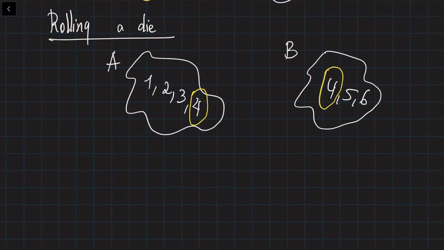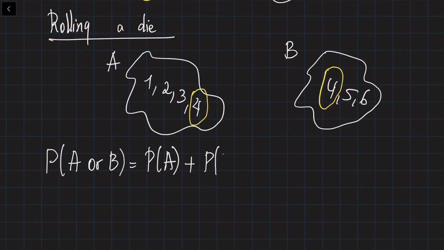So whenever you would like to find the probability of A or B, you cannot just add these probabilities. If you remember what we did before, we found the probability of A and added the probability of B. The probability of A is going to be 4 items divided by 6, the size of the sample space.